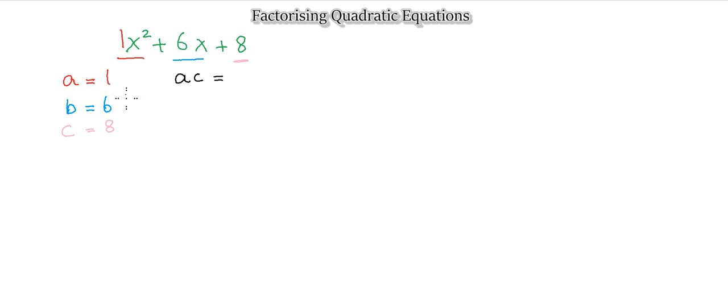So a times c, that's 1 multiplied by 8, which is 8. So two numbers multiply to give me 8, and then the same two numbers would add to give me 6. So that would be b. This is what we are basically finding.